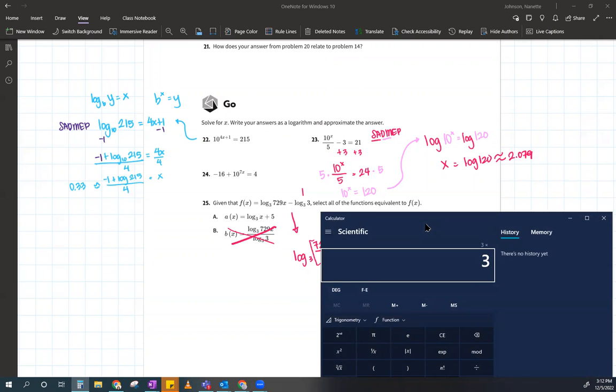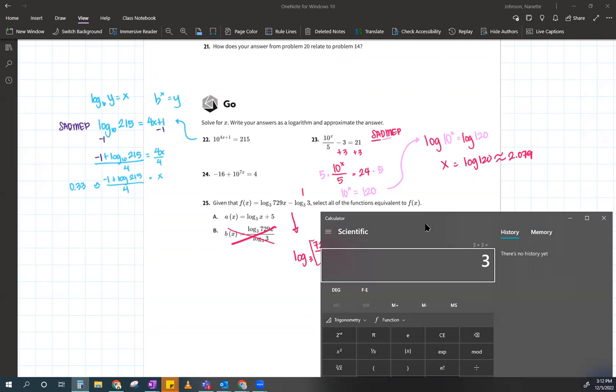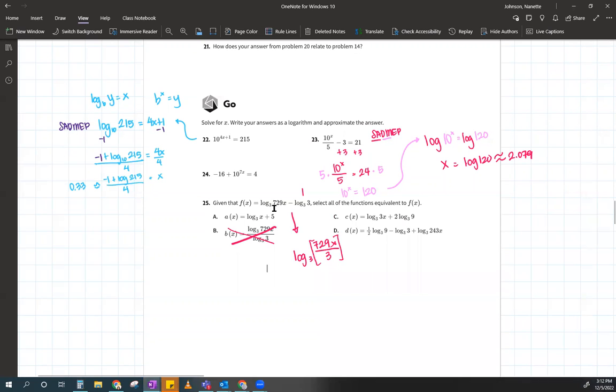So 3 times 3 times 3 is 27. Times 3 is 81. Times 3 is 243. Times 3 is 729. So how many 3s was that? 1, 2, 3, 4, 5, 6 of them. So I can rewrite 729.